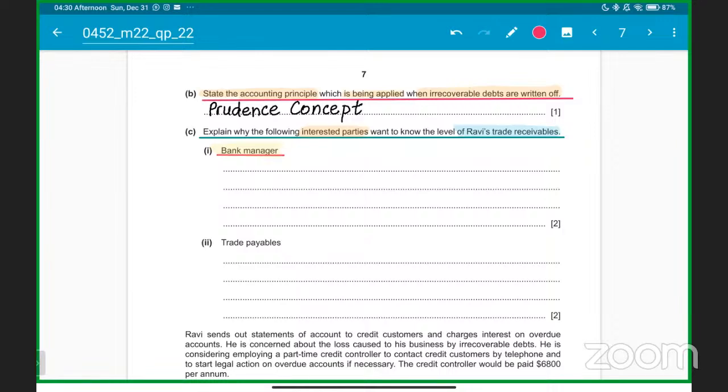The bank manager will make the decision based on Ravi's trade receivables, whether the bank should give the loan to Ravi or not for financing purposes. Getting it? Is everyone clear?